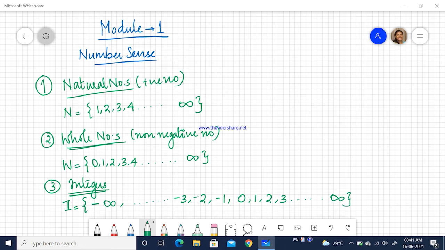So the union of negative integers, 0 and positive integers makes the integers.